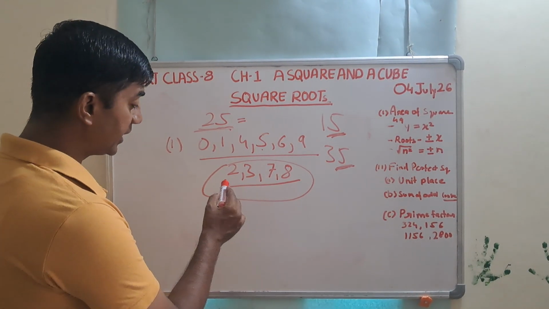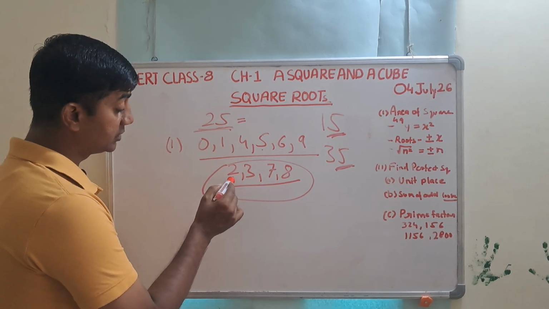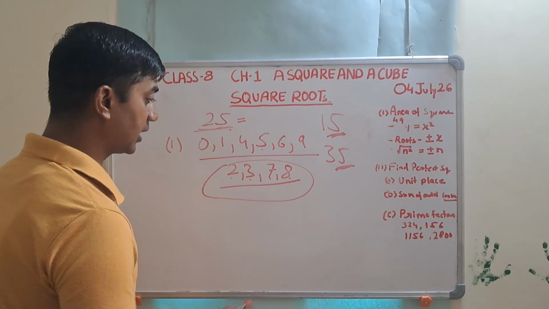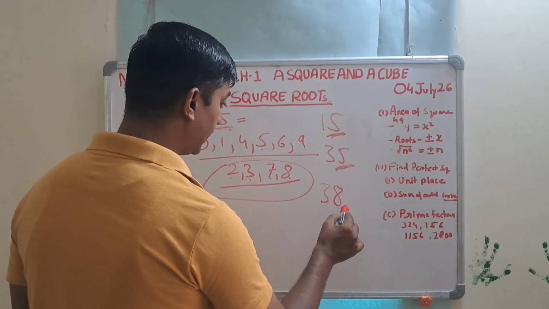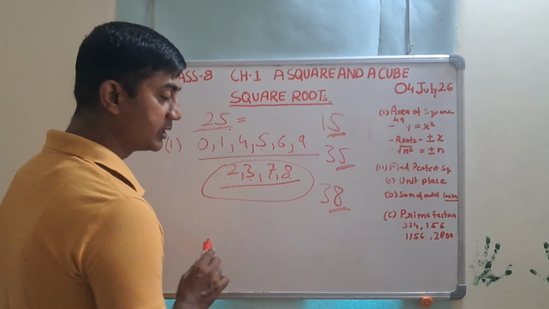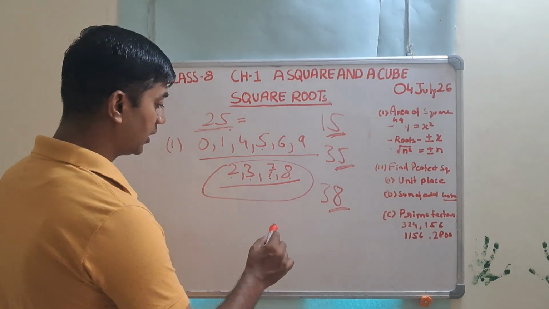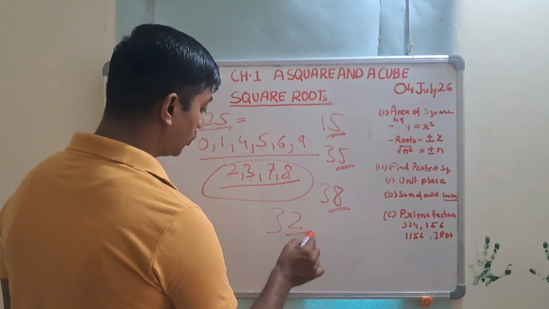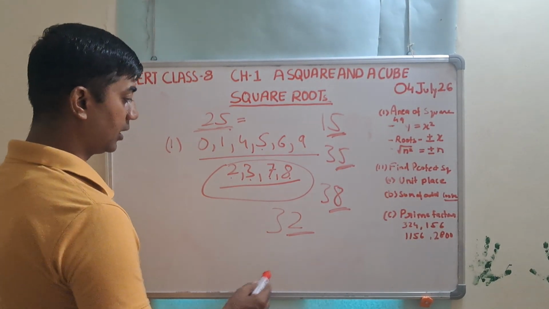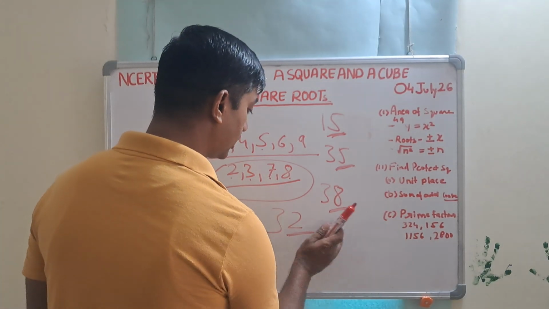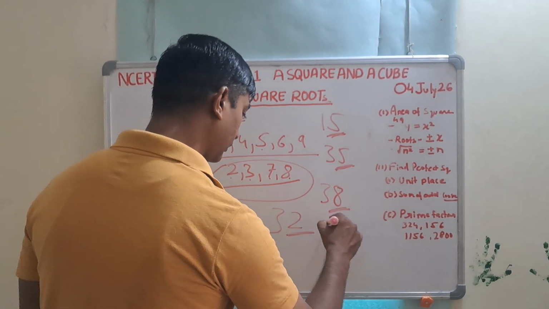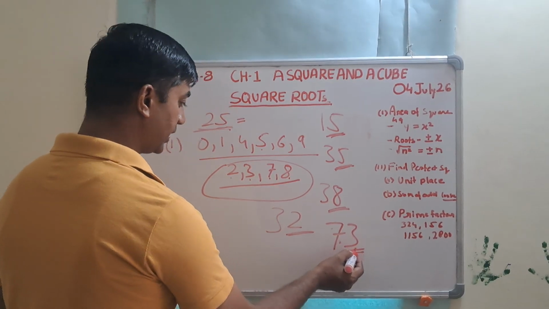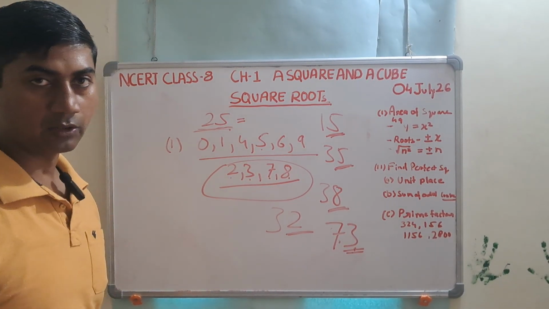But it is very sure that if unit place is 2, 3, 7, 8, it is definitely not a perfect square. If it is written as 38, 8 is here, so it is definitely not a perfect square. If it is written as 32, then 2 at unit place means it is not a perfect square. If it is 73, 3 is at the unit place, so it is not a perfect square.